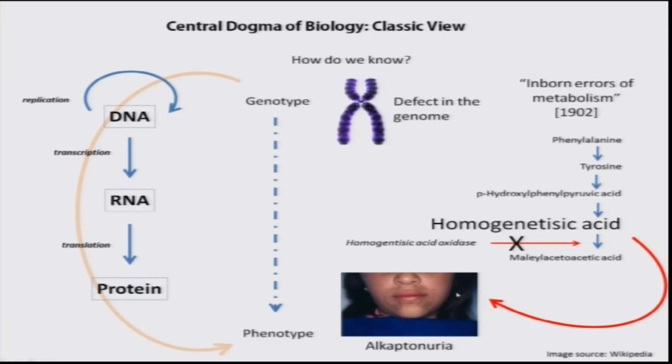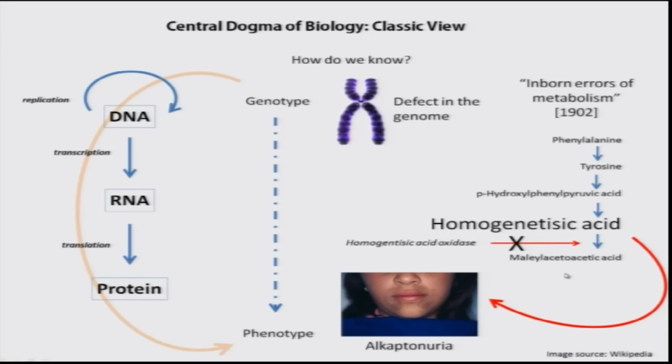So this is something which is path-breaking. He did not know that there are enzymes involved in different pathways, but what he proposed was that there is a defect in the genome, possibly, that alters the way the metabolism happens. As a result, a defective metabolic pathway results in the pigmentation, and perhaps that's the first theory which suggested that our physiology itself is regulated by genes.